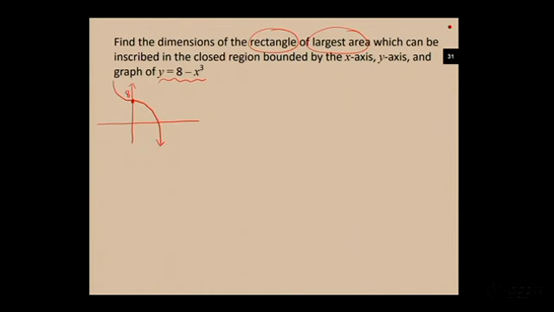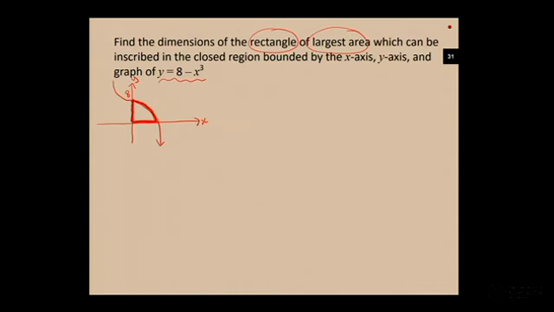Now, it's not crucial, but you get a better idea of what it is you're doing if you can draw it. Now, we're supposed to be putting a rectangle in the region that is bounded by the x-axis, the y-axis, and this curve. So we're going to try and put a rectangle in there.